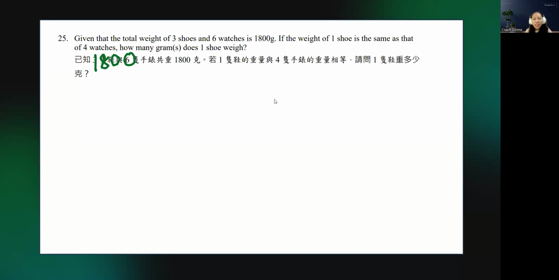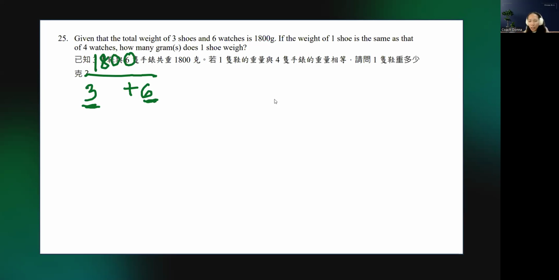But we need to divide it by the number of shoes, that's 3, and then the number of watches is 6. But we need to make our denominator the same quantity. We should be referring to the same quantity. What does that mean? If you're talking about watches here, you should also be talking about watches here.